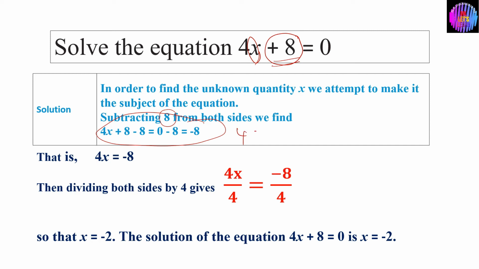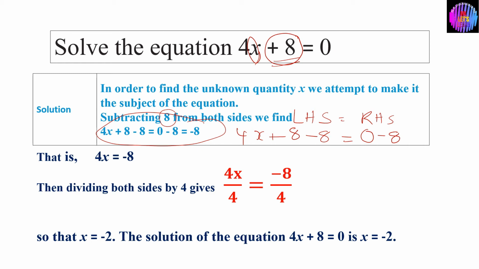That means 4x plus 8, subtract 8 in the left hand side and also subtract 8 in the right hand side. Always the LHS must be equal to the RHS.